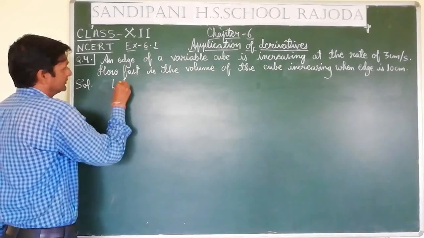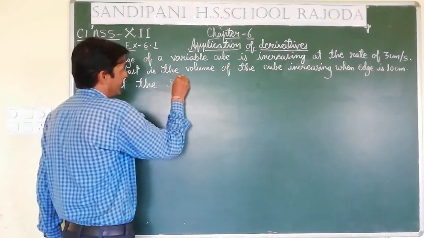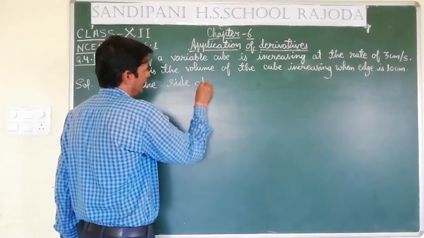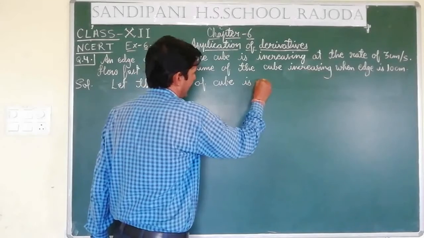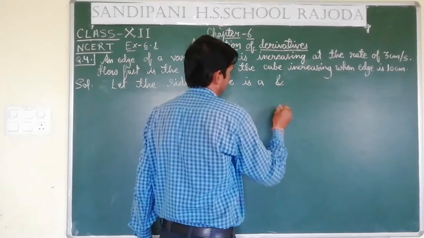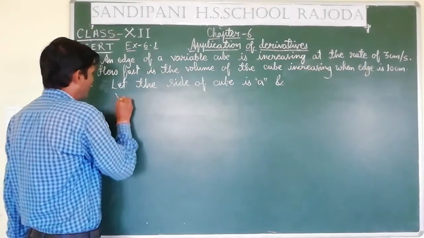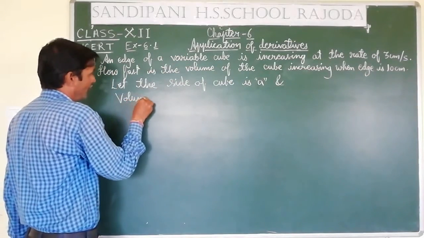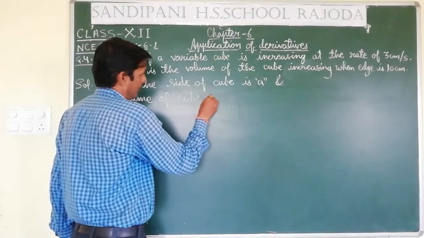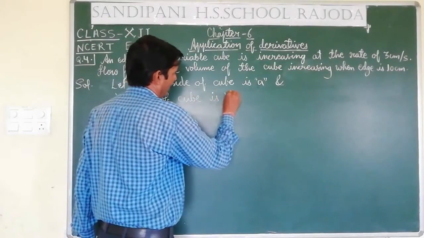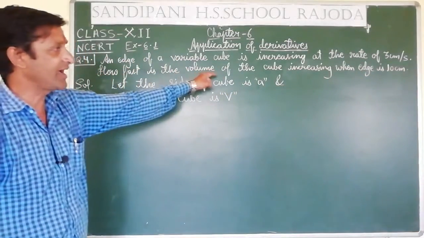Let the side of the cube be A and the volume of the cube be V. This is volume because volume is asked.